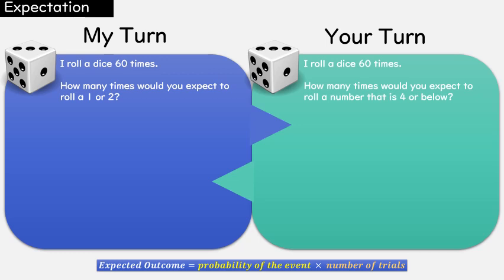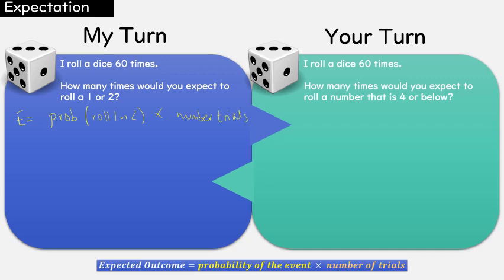I roll a dice 60 times, so we're now looking at a dice. How many times would you expect to roll a 1 or a 2? Remember, expected outcome, it says at the bottom, is the probability of the event, and the event I want is to roll a 1 or 2, times the number of trials, so how many times I do it.